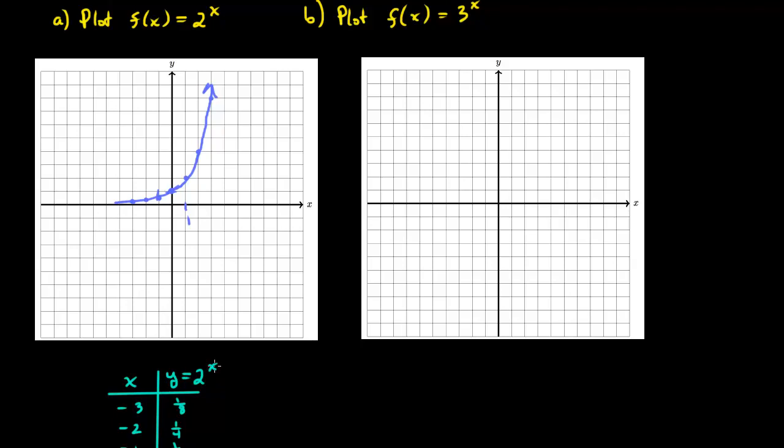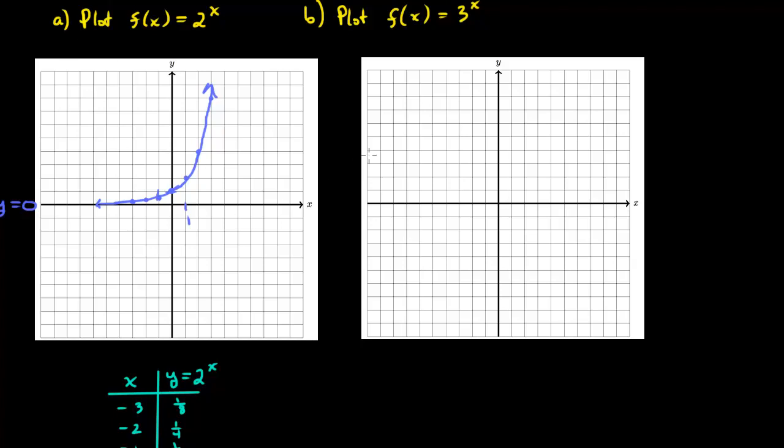As I plug in numbers that are further into the negative, I just get smaller and smaller values for y, but I don't get y values that are negative. So this graph approaches a horizontal asymptote. That horizontal asymptote is y is equal to 0.